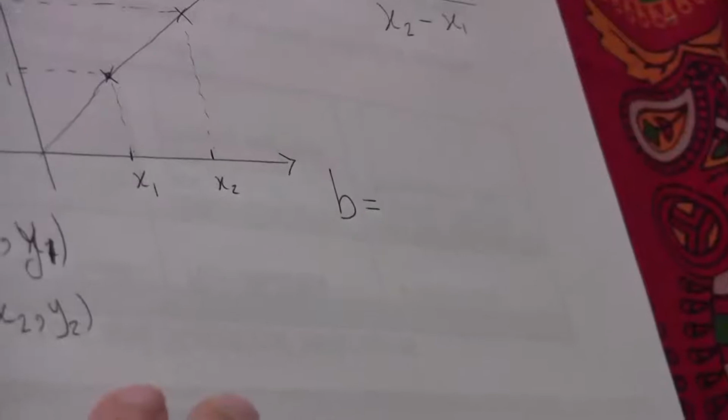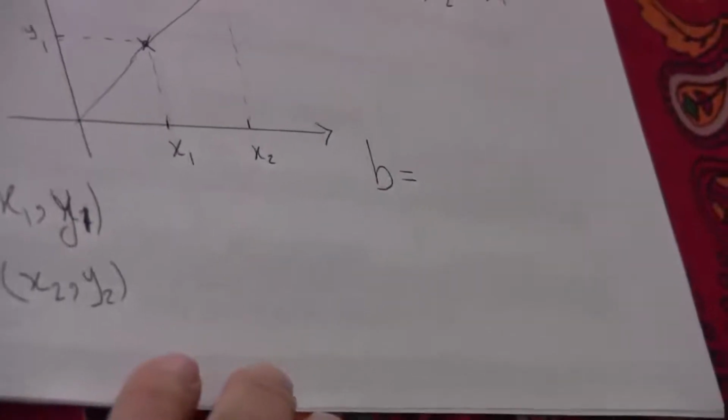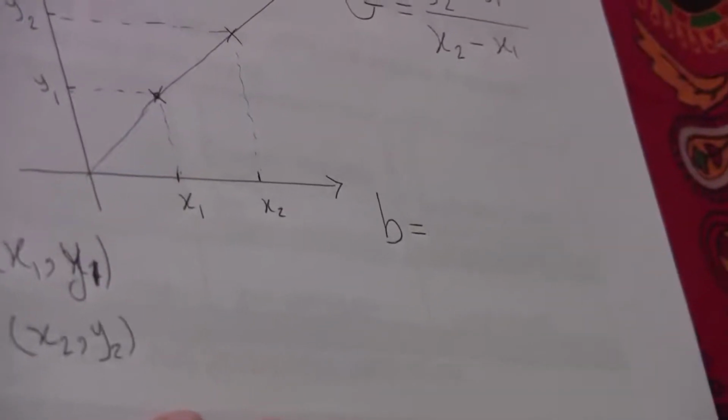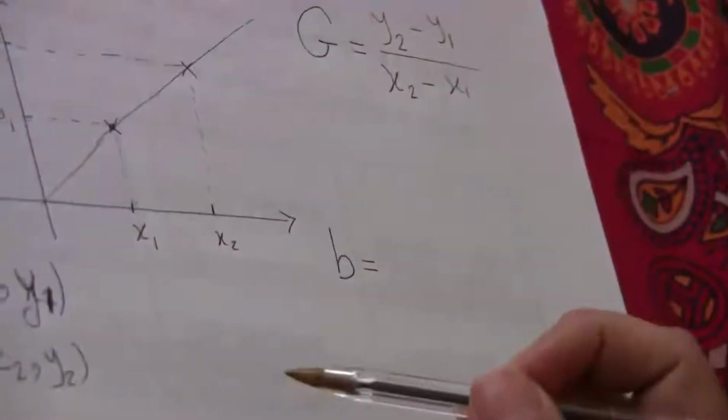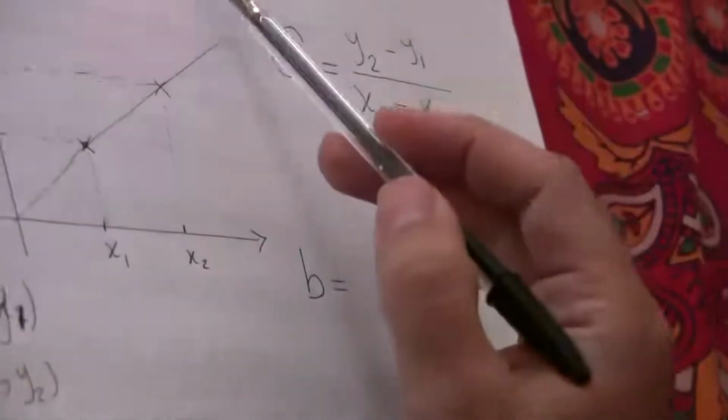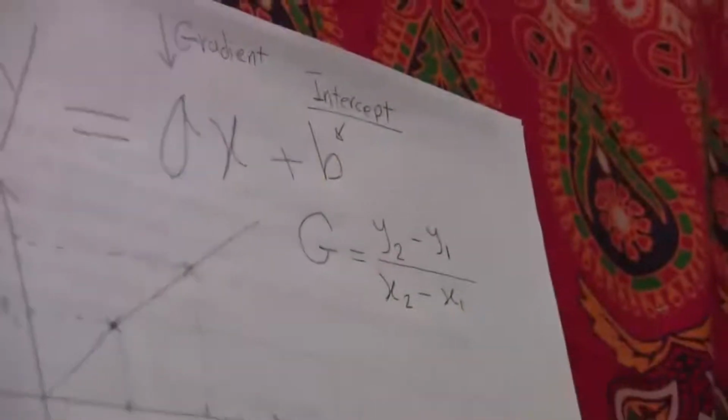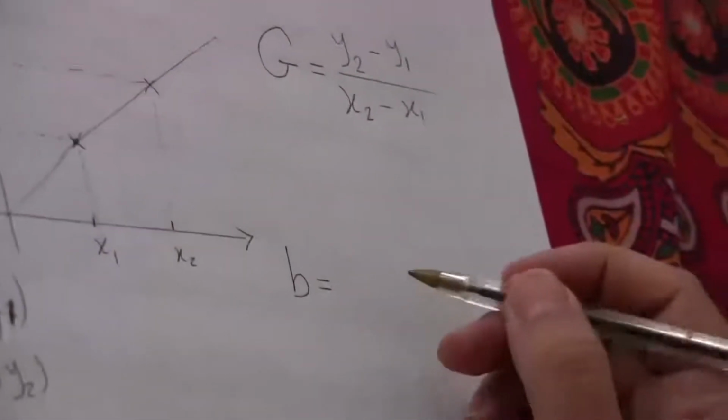And the intercept b, how can we find it? It's easy. When you find the gradient, you find a here, then you substitute x as 0, and then you can find the intercept. What's the meaning?